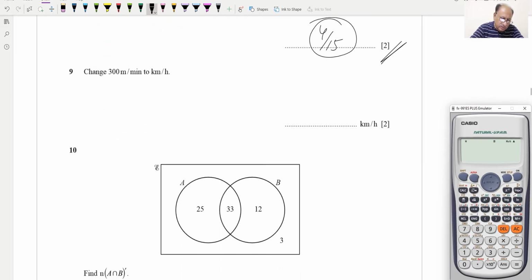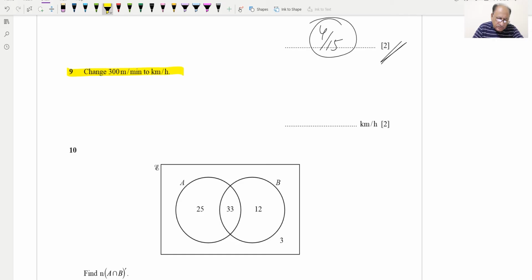So question number 9 says change 300 meter per minute to kilometer per hour. So unit conversion, unit change we have to do. So that will be 300. This meter per minute we can write as meters over minute.